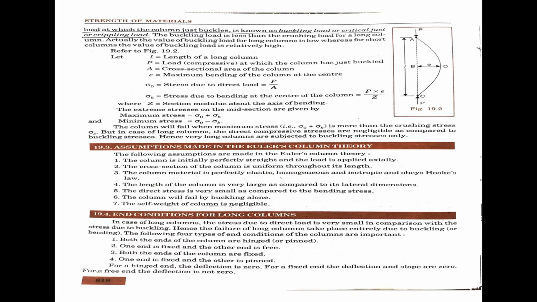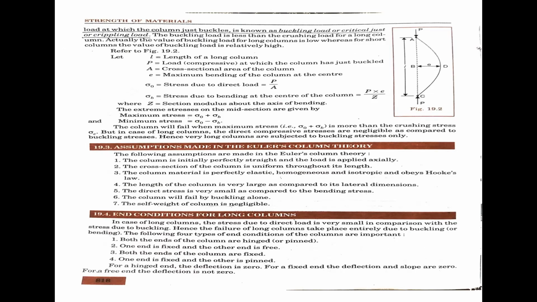Now sigma O equal to stress due to direct load. Sigma B equal to stress due to bending at the center of the column, where Z equal to section modulus about the axis of bending.